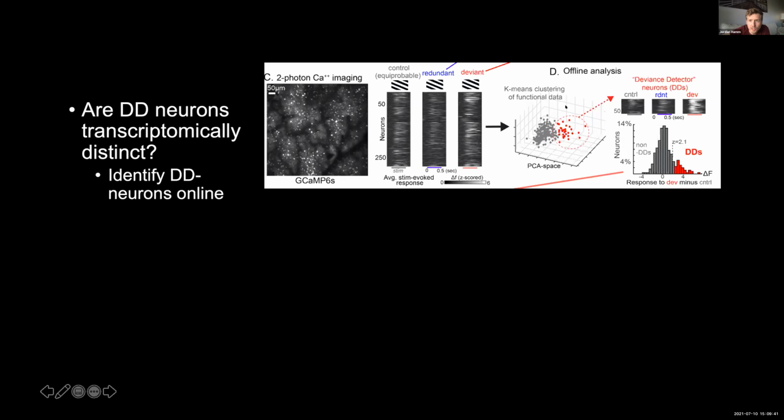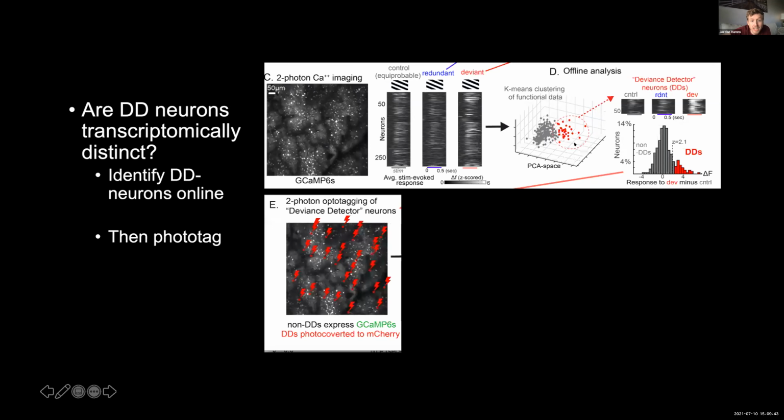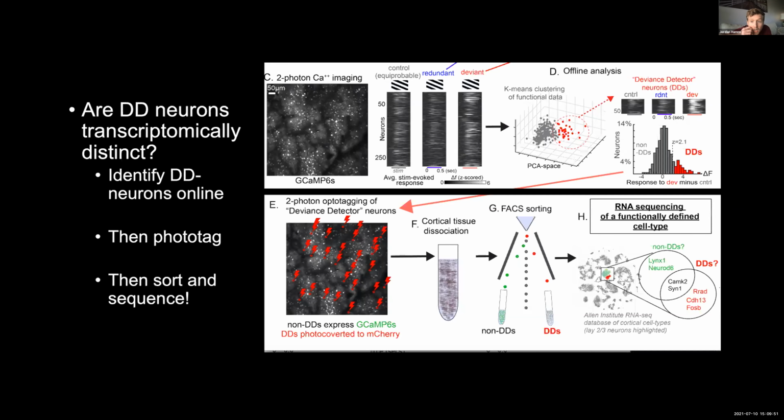Identify them using some threshold, and then potentially photo-tag them and see if we can sort them and run single cell or bulk RNA sequencing to see if they express a different subset of genes. And just looking at the publicly available Allen Institute RNA-seq database of cortical cell types, what's interesting is that in layer 2-3 neurons in V1, there does appear to be strong evidence of some subclusters among excitatory pyramidal cells.